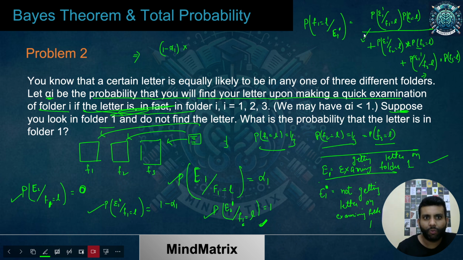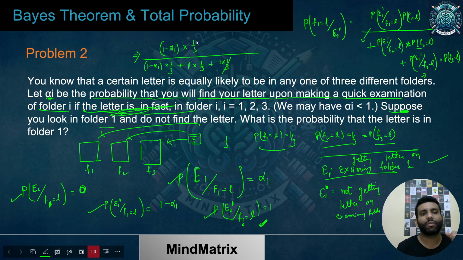Into the probability of the letter being in F1, that is 1 by 3. The same thing will come here. For this part, you already know the probability of not finding a letter if you are looking in the wrong folder is 1, into 1 by 3, plus 1 into 1 by 3.